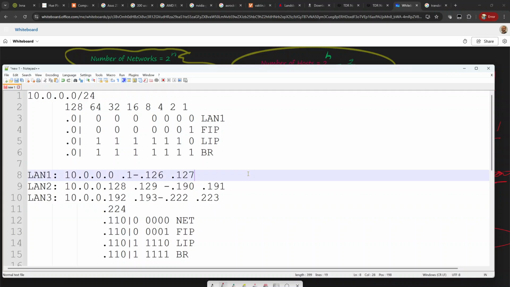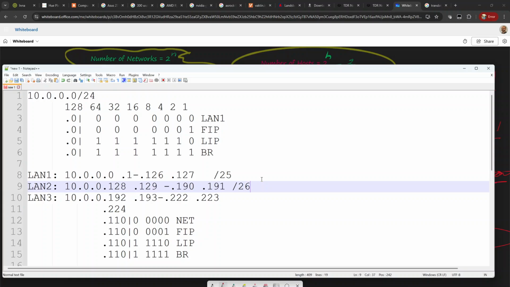Now, why is it called variable length subnet mask? You see, in the first LAN the bits remaining in the host field are 7, so 32 minus 7, how much is that? So it's /25, okay, /25 here. And then in the second LAN, we have 6 bits in the host field, so this is /26.